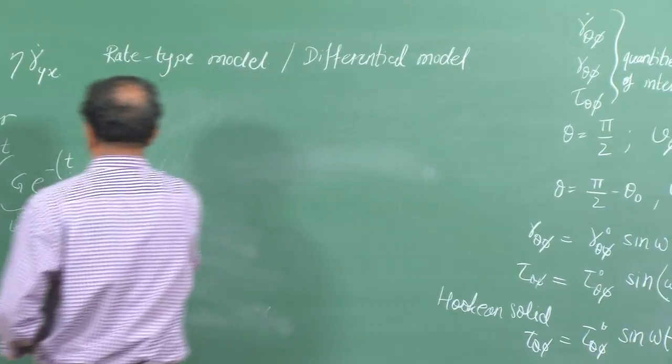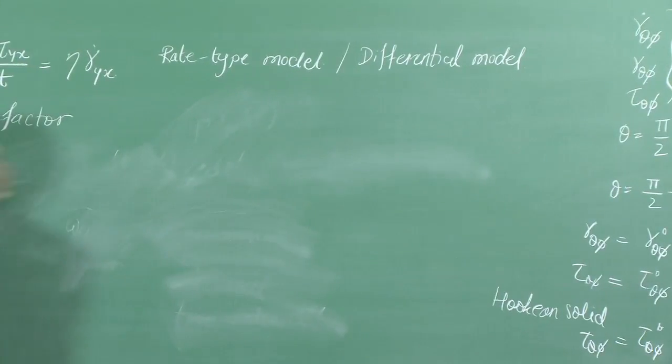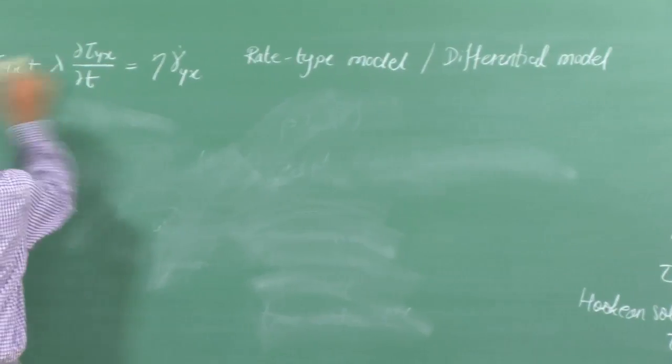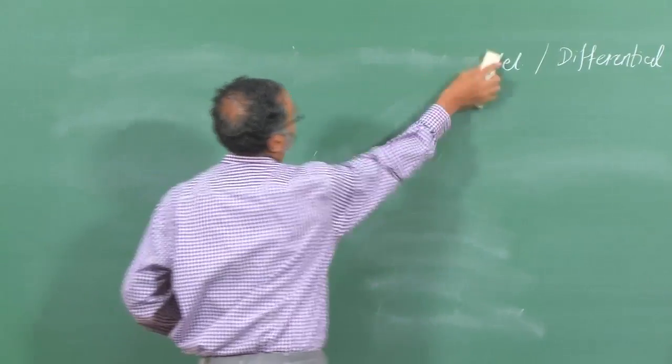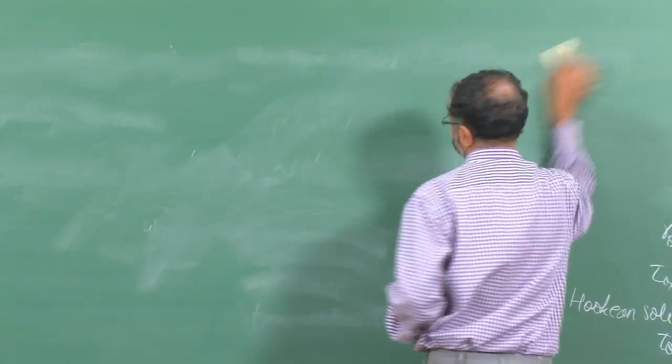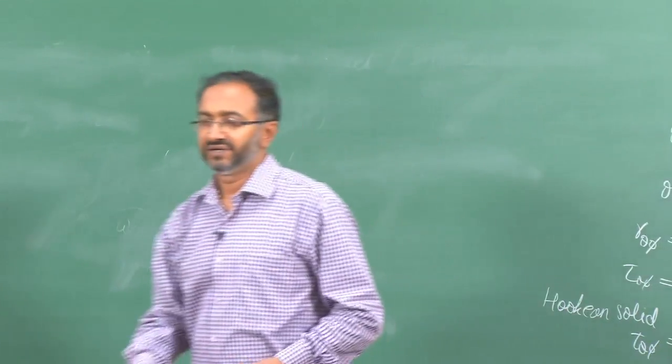of course, this only says that the stress is expected to be also a sinusoidal function, and if we were to solve this for the Maxwell model, then we need to substitute this in the Maxwell equation and then solve it.